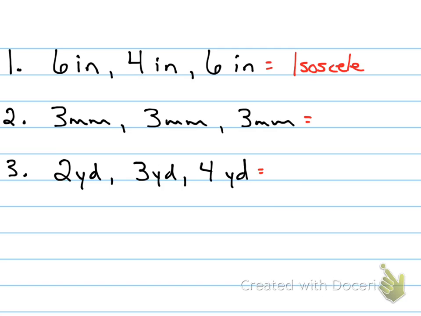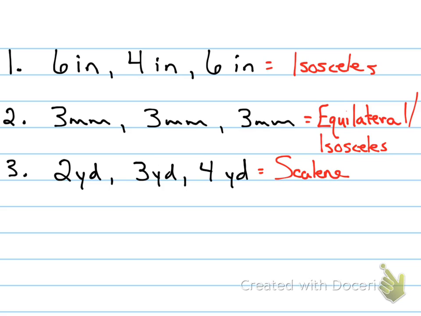You got to spell it right. Number 2. Equilateral or isosceles. Or isosceles. And then number 3, scalene. Okay, you got them all.